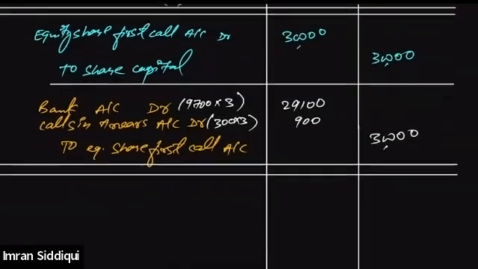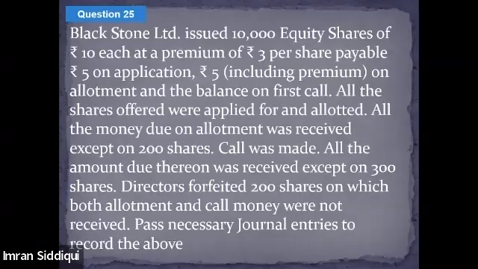Okay. Now, the question further says that the directors forfeited 200 shares on which both allotment and call money were not received. The directors have decided to forfeit how many shares? Only 200 shares upon which both allotment and call money were not received.